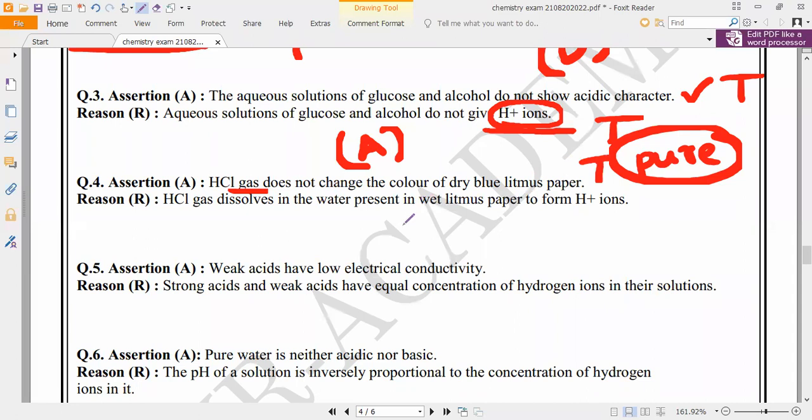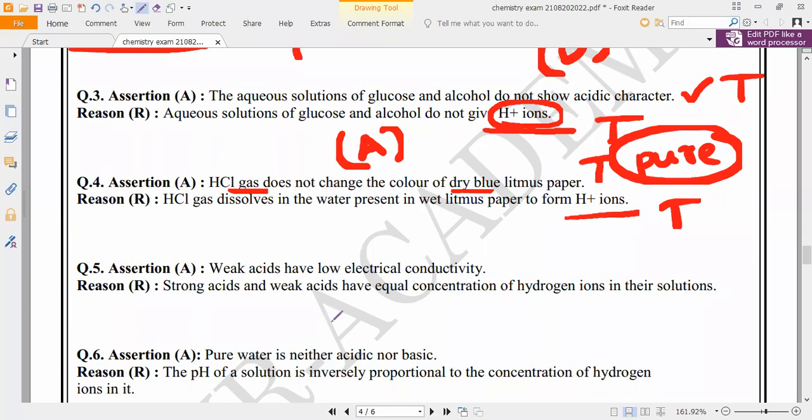Because it forms H plus ions only with water, that is moisture. Without moisture, it won't show acidic character. So HCl gas dissolves in the water present in wet litmus paper to form H plus ions. Here the litmus is dry blue, so no reaction takes place. Both are correct and they have the correct relation also.